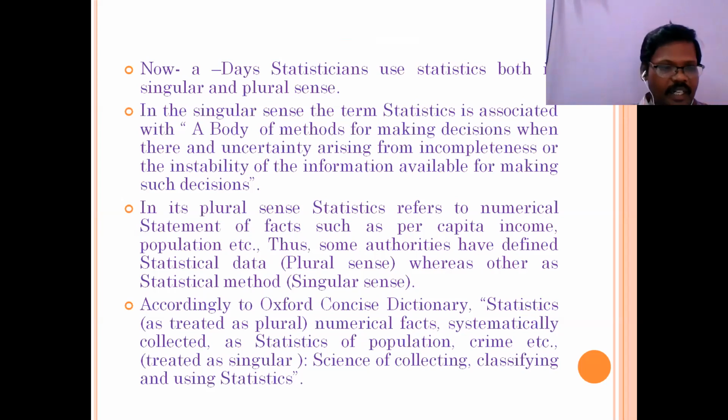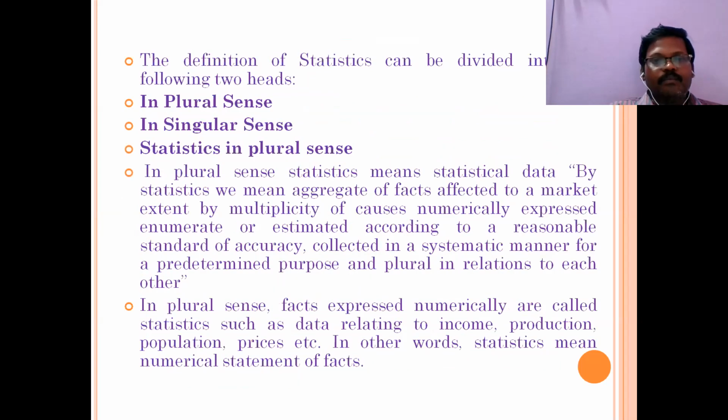So that data we are collecting very systematically. As statistics of the population, statistics of crime, etc., it is treated as singular. Okay, so the science of collecting, classifying, and using statistics. These definitions of statistics can be divided under the following two heads.